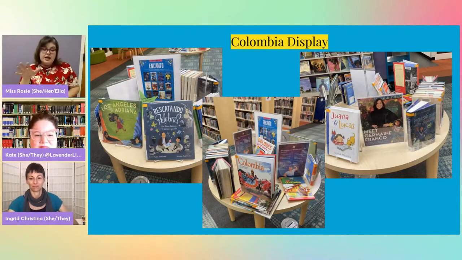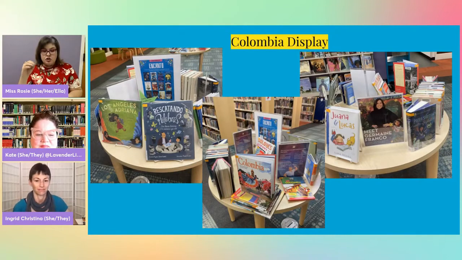When I did an Encanto book display, I made sure to find authors or illustrators that were of Colombian background. At first it was hard. If we were to try this a few years ago, it would have been harder, but there are a great number of new authors that you can use. Juana Medina is one of my favorites, and I'm sure you probably know her.